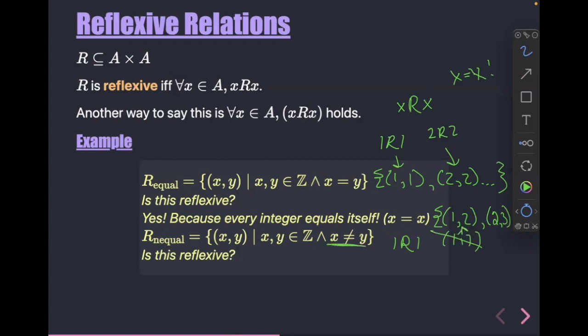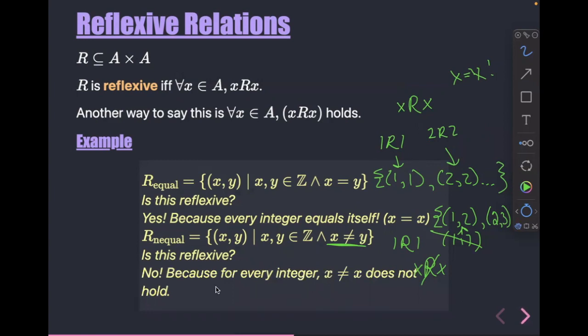So it's not true that 1 does not equal 1. So it's not going to be true that XRX, or X does not Rx is another way you can say that. So this is not reflexive because we don't have that property. It's not true that everything doesn't equal itself. Everything does equal itself. So this is just an example.